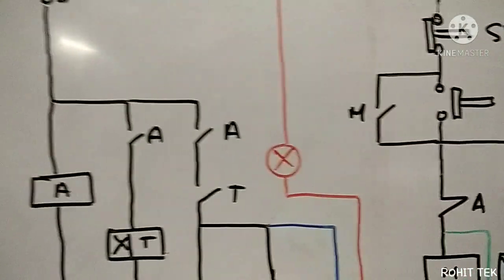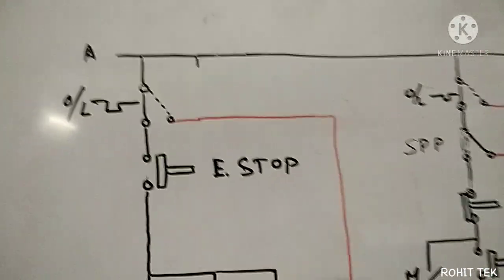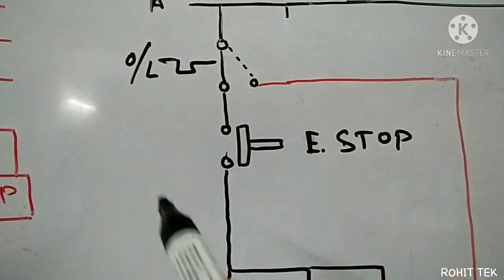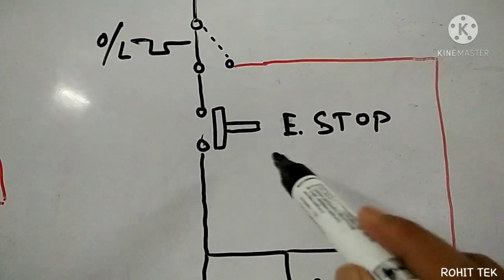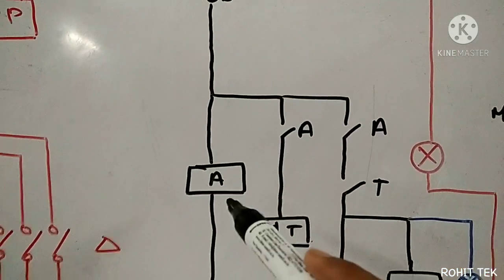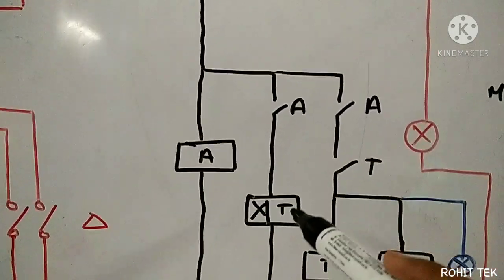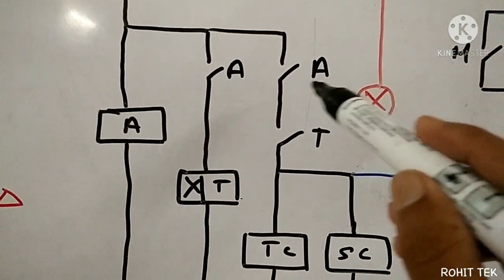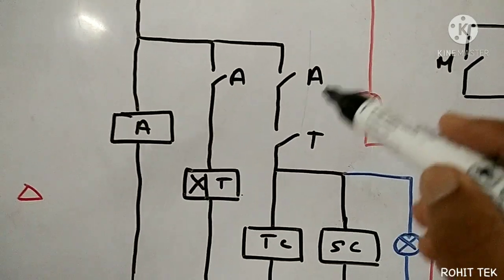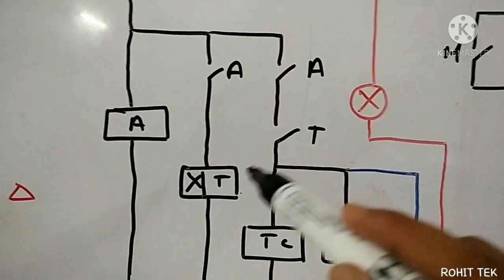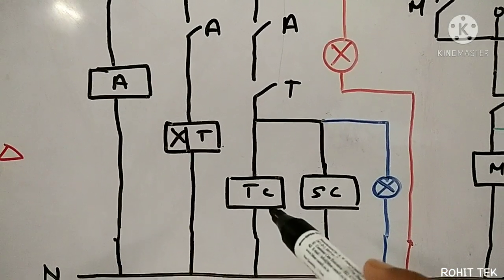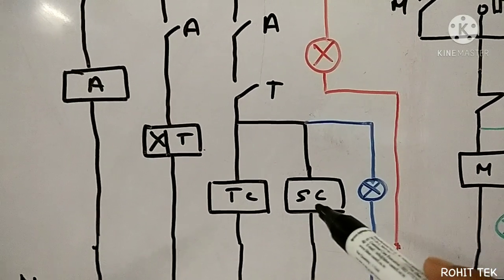Okay, and see here I've used the NC contact of the overload relay, then the emergency stop push button, then the Y contactor triggers the timer. Okay, and here again the contacts, normally open contact of the Y contactor, normally open contact of the T contactor, and then TC, that is the transformer contactor, then the shorting contactor.